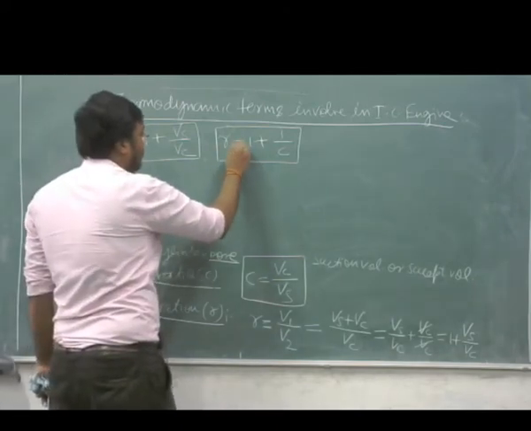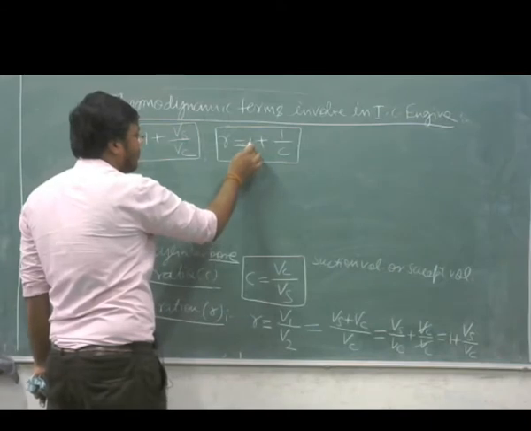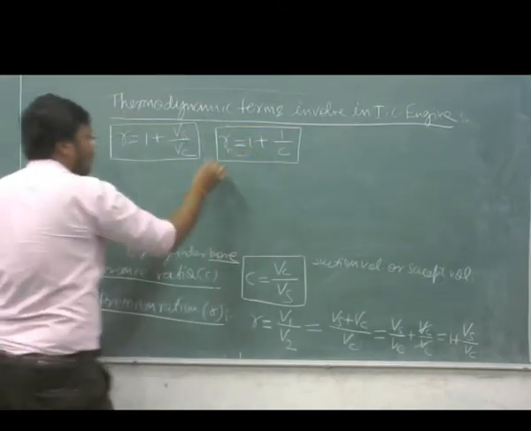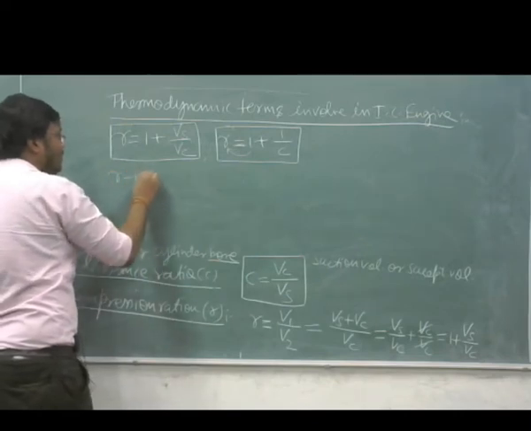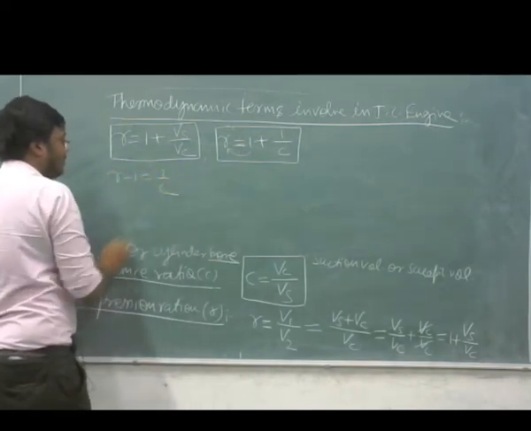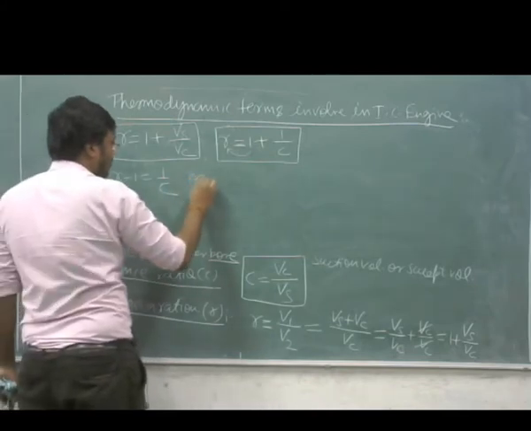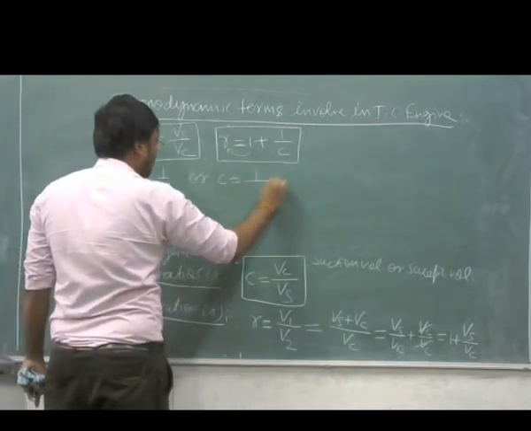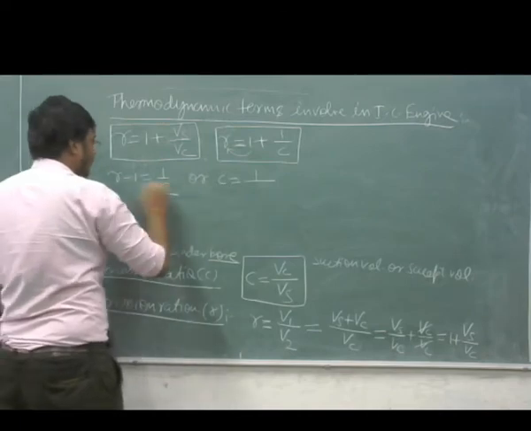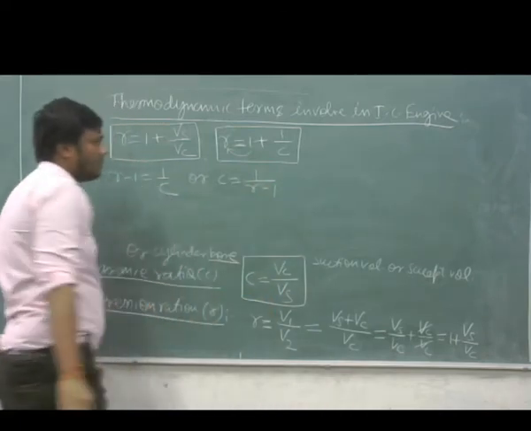Now move 1 to the left side. So we can write R minus 1 equal to 1 by c, or c equal to 1 upon R minus 1.